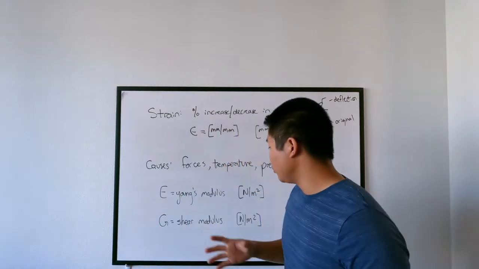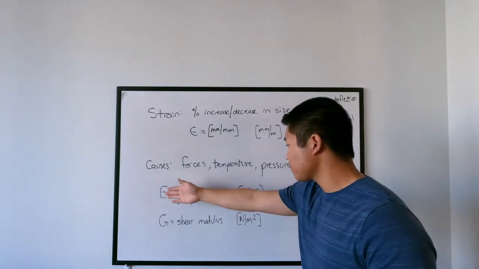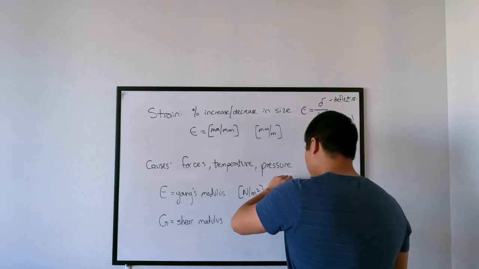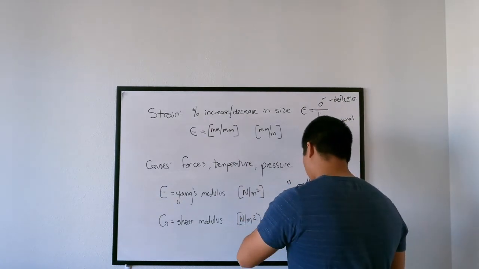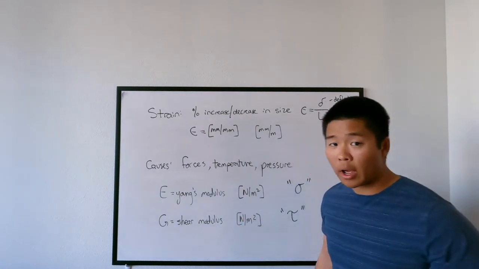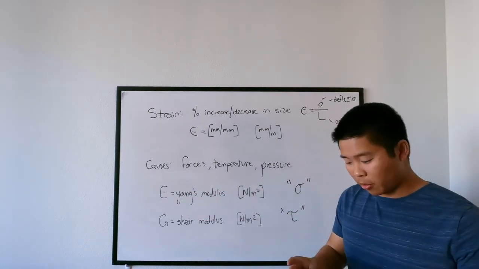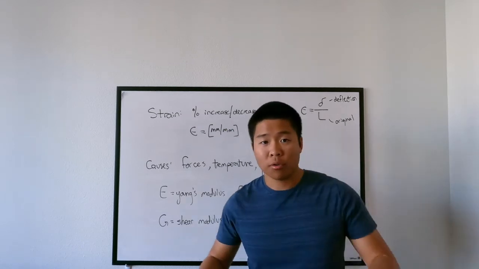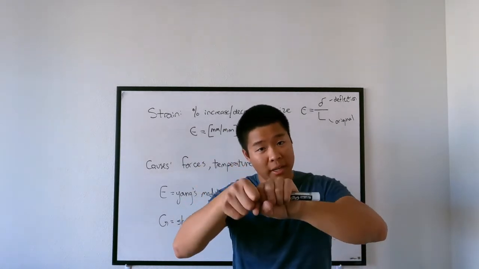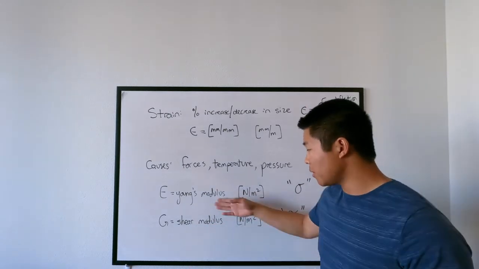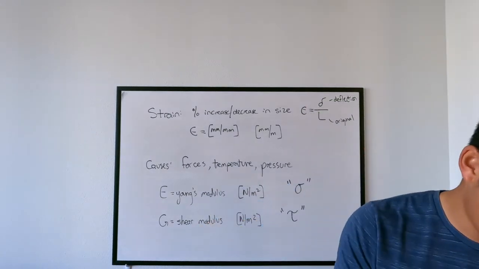So that's the reason why we separated our types of stress into sigma stresses and tau stresses, because there are two separate properties that determine what is going on here. And of course, a normal is like this, it's pressing versus sliding, okay? So pressing here, sliding here. So this is Young's modulus, this is our shear modulus.